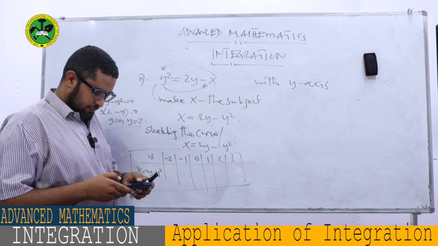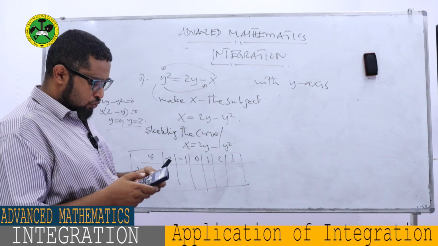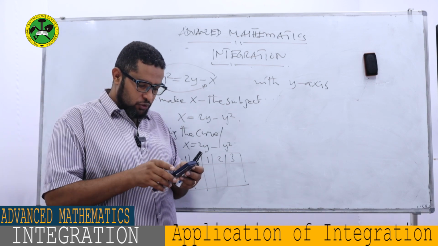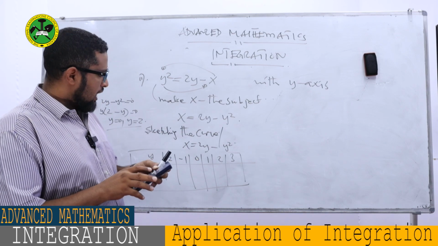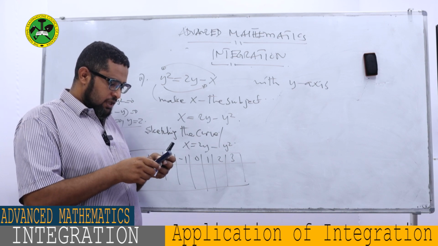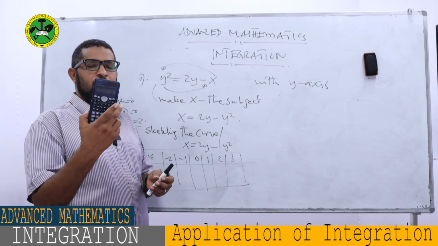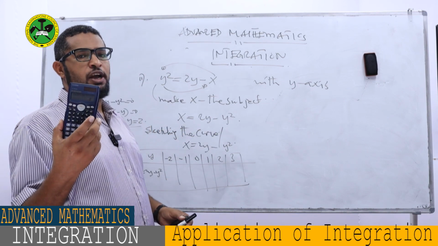Alpha x equal to 2y. So we are writing 2 alpha y minus alpha of y square. This is the function that you are given, which is x equal to 2y minus y square.